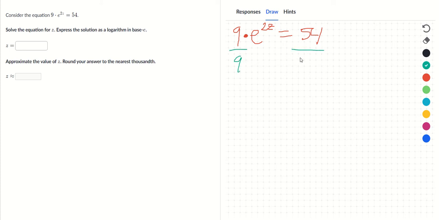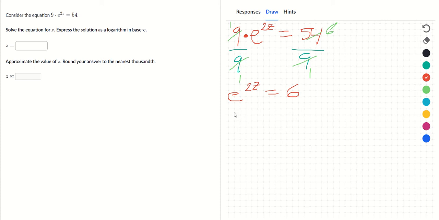You do that by dividing both sides of the equation by 9. That eliminates 9 from one side of the equation. 54 divided by 9 is 6. So you end up with e raised to the 2z equals 6.